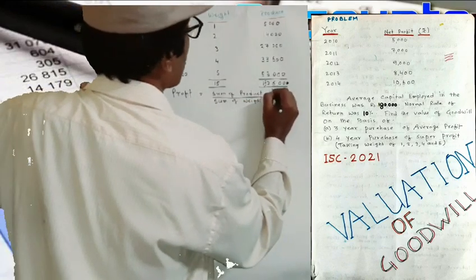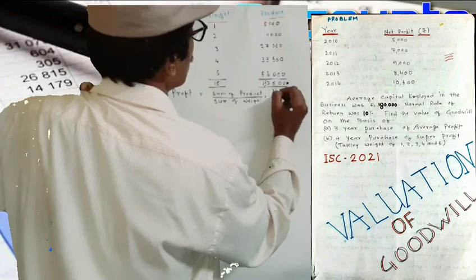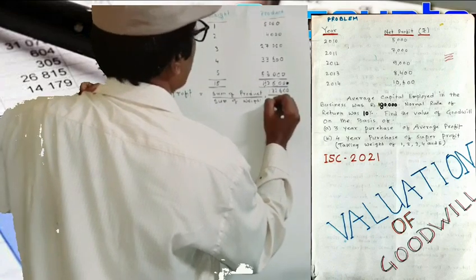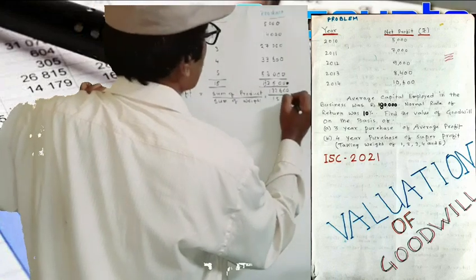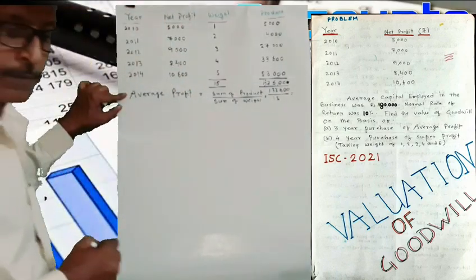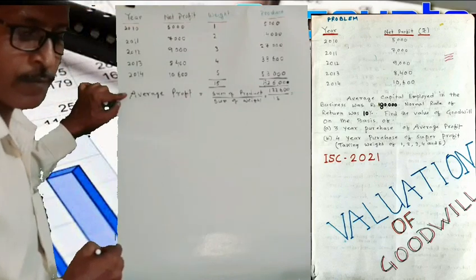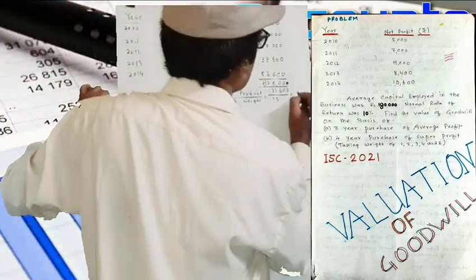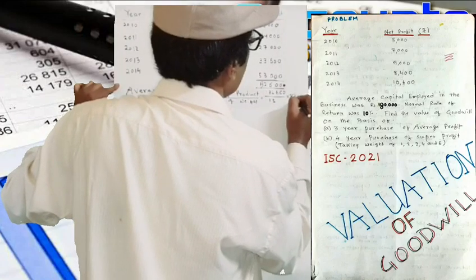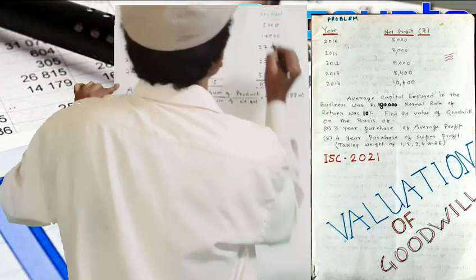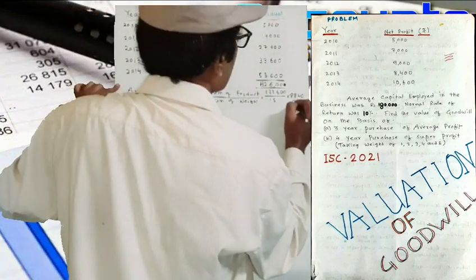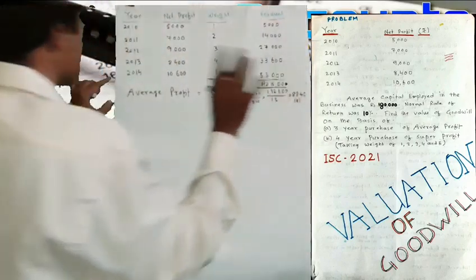That is 1,32,600 by 15, which is 8,840 rupees. This is the average profit.